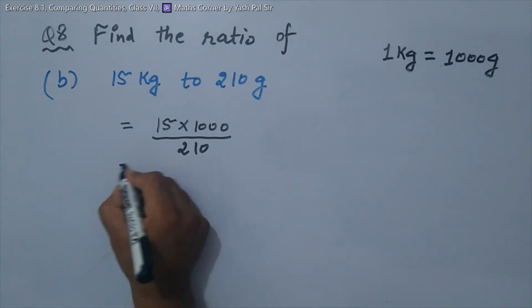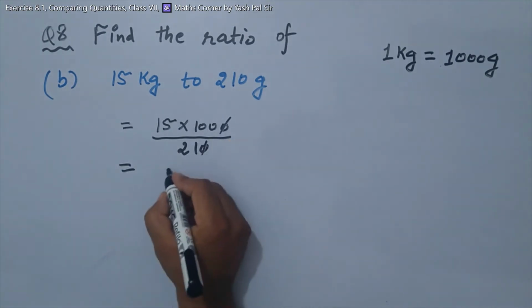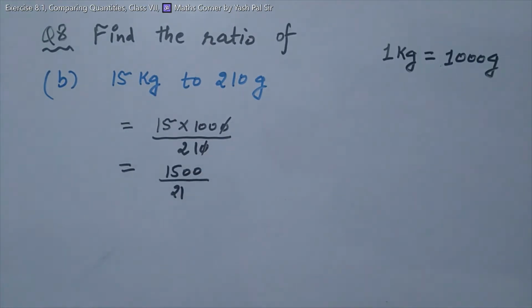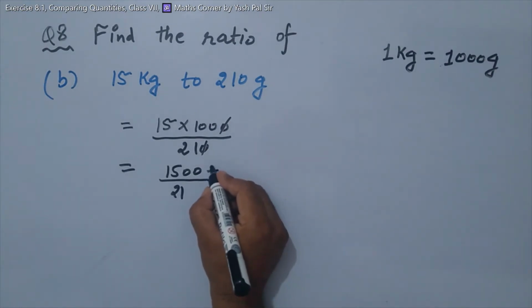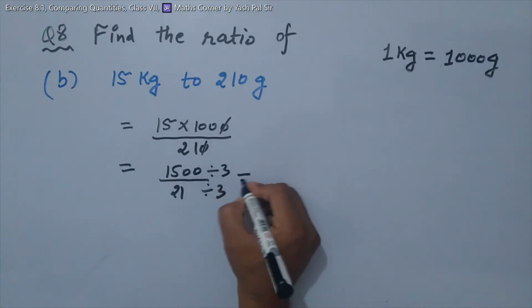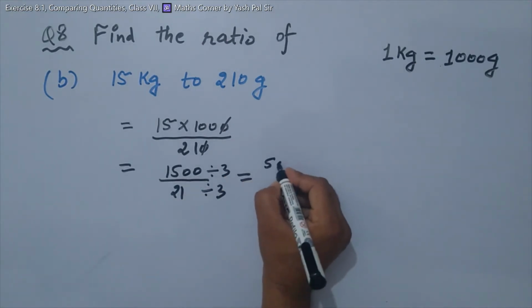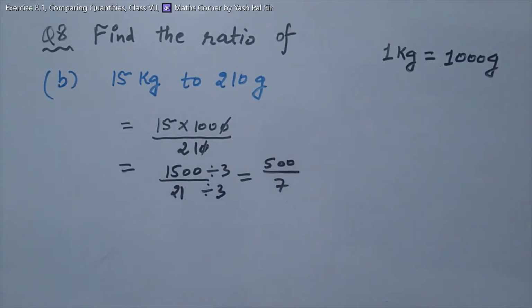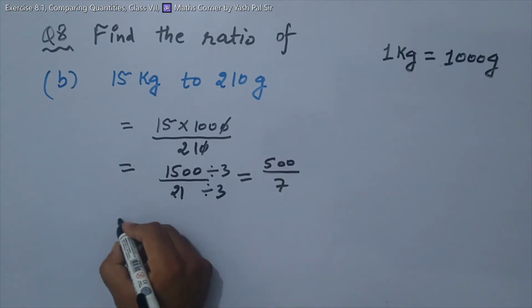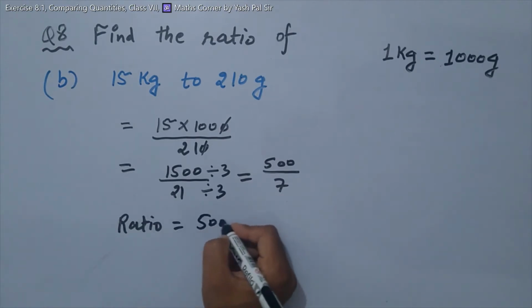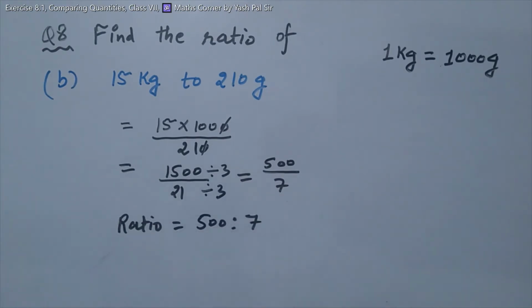Okay, now 0 is cancelled, then 1500 divide 21. Again dividing numerator and denominator by 3, what we have: 3 5s are 15, 500, 3 7s are 21, right? So the required ratio is equal to 500 ratio 7 is the answer.